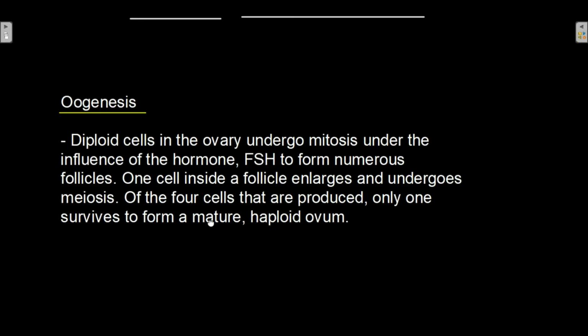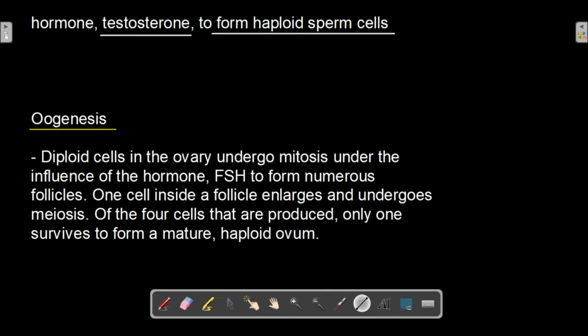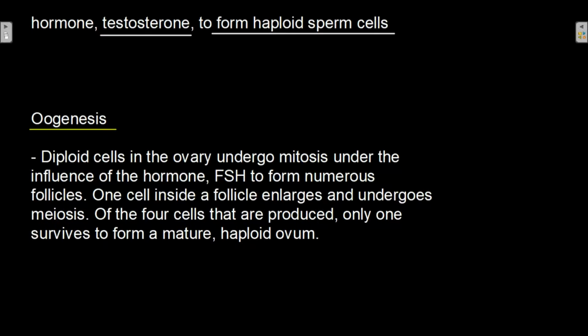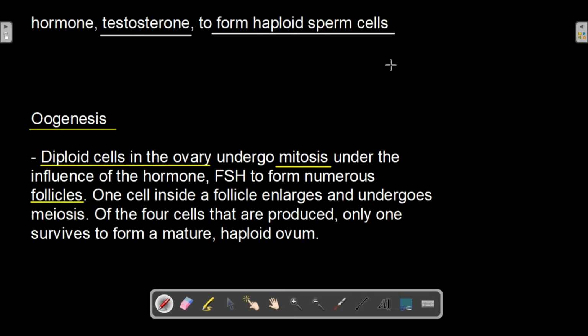Oogenesis, I think, is better detailed. Here you have diploid cells in the ovary, which first undergo mitosis to form follicles. The cells in the ovary will multiply, they will divide, and hence form cells that are identical to them. This occurs under the influence of a hormone called follicle stimulating hormone, which is produced by the pituitary gland.